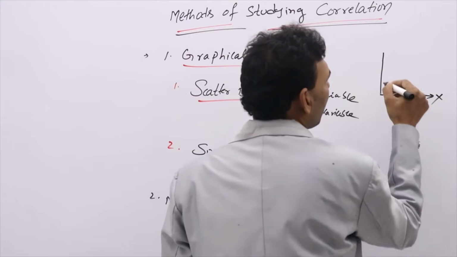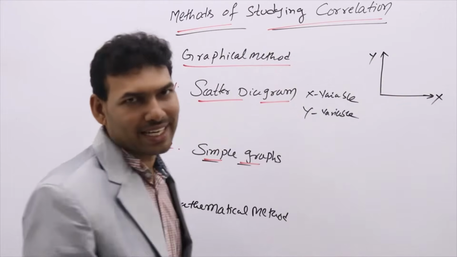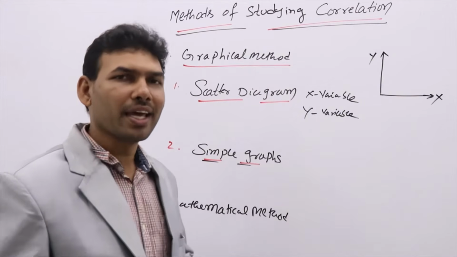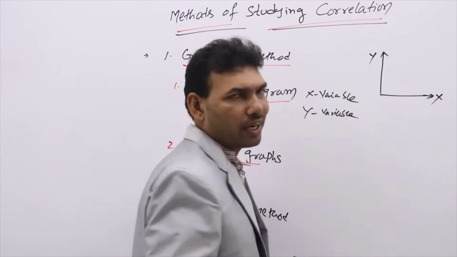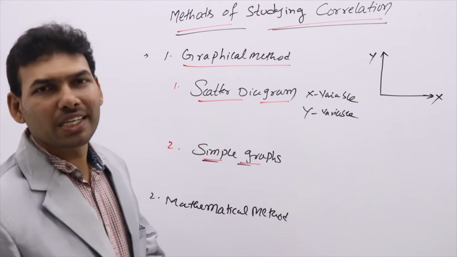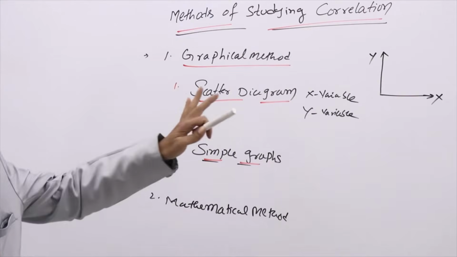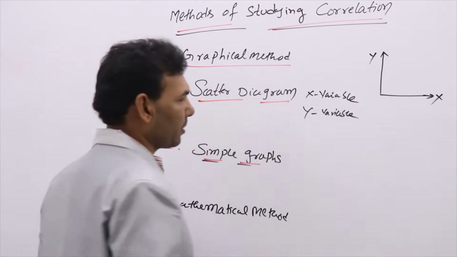X variables are on the horizontal line, y variables on the vertical line, like the x-axis and y-axis. In this, we will draw the figure. Based on that diagram, we are going to decide how the two variables are related.